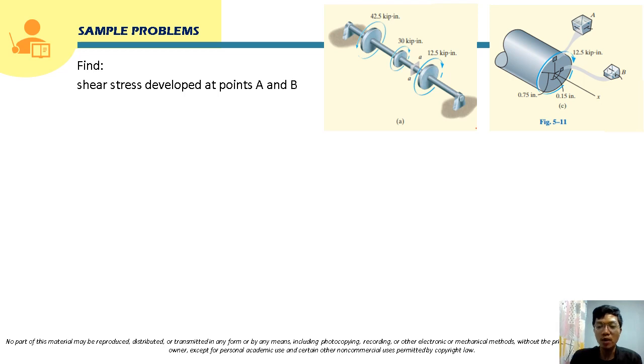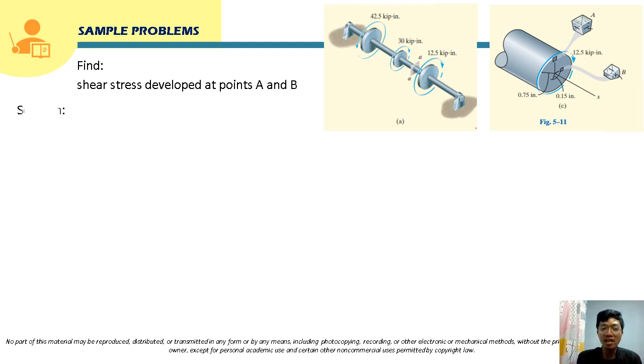Okay, so for this problem, we are going to solve the shear stress developed at points A and B at section AA. So this is the section AA. To solve this shear stress, we are going to use the formula T rho over J. That is the formula for shear stress, where T is the internal torque, rho is the radial distance, and J is the polar moment of inertia.